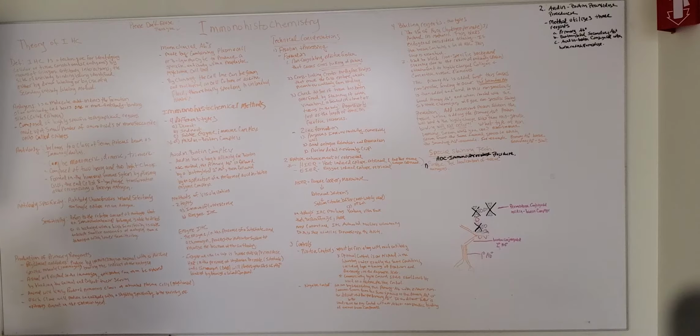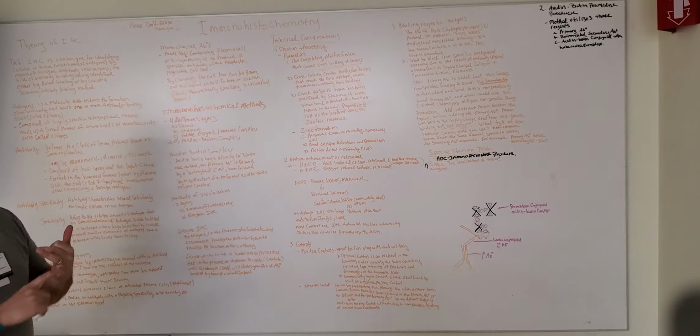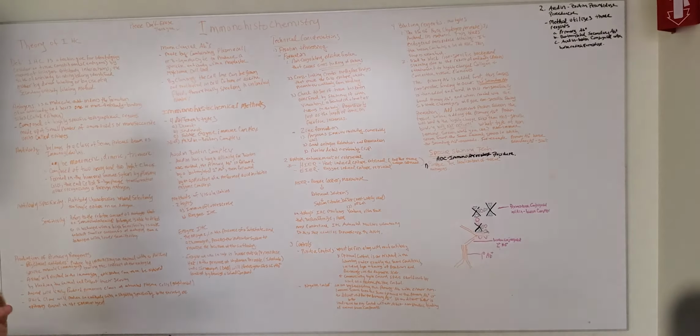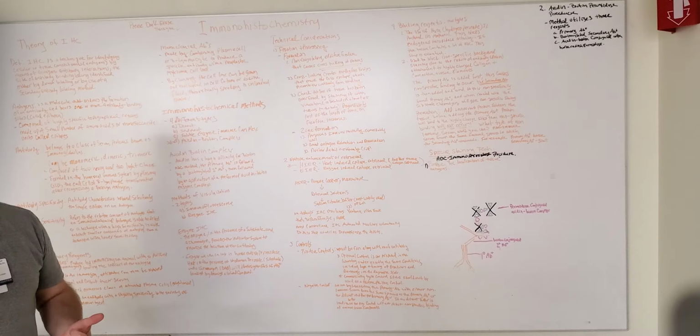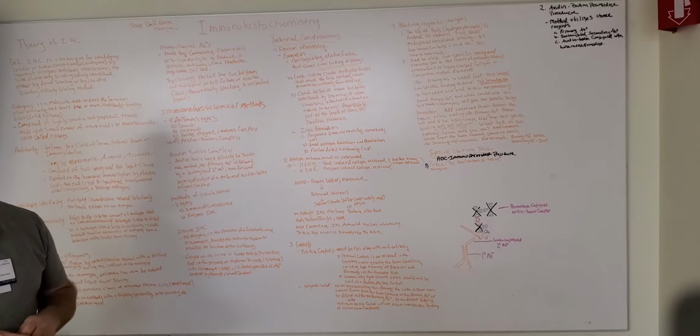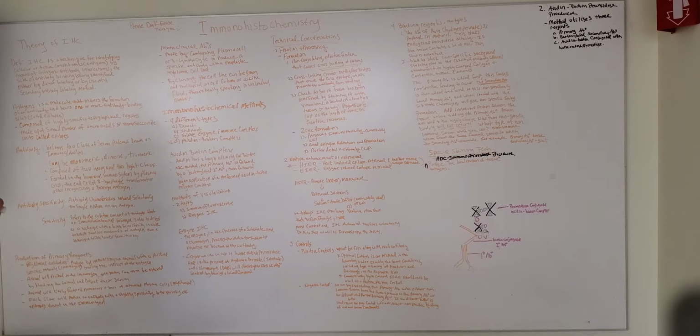So what we're going to be talking about today, the packet, and if you have the book, mentions direct, indirect IHC, and avidin and biotin. Avidin and biotin is used in conjunction with IHC. But in some cases, I guess you can use the avidin biotin by itself, which we don't normally do.